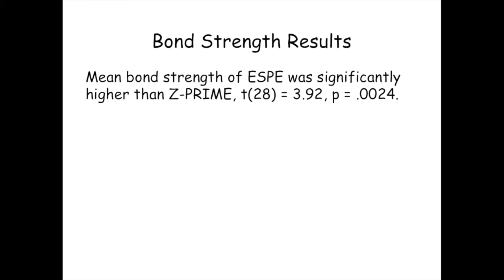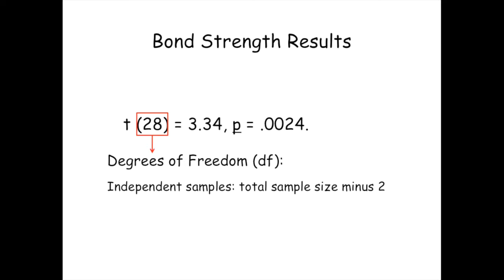This is how the results might be reported. The mean bond strength of SB was significantly higher than that of Z', which means that the null hypothesis was rejected. For an independent t-test, the degrees of freedom is equal to the number of subjects minus 2. The degrees of freedom is 28, so the sample size is 30. The calculated test statistic value is 3.34.